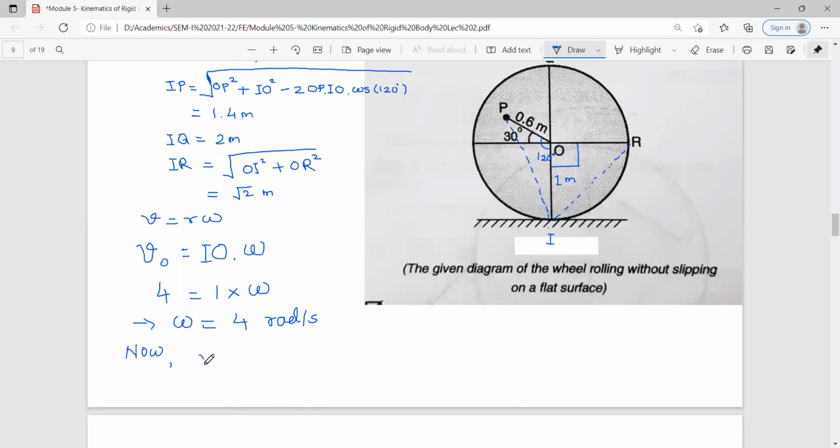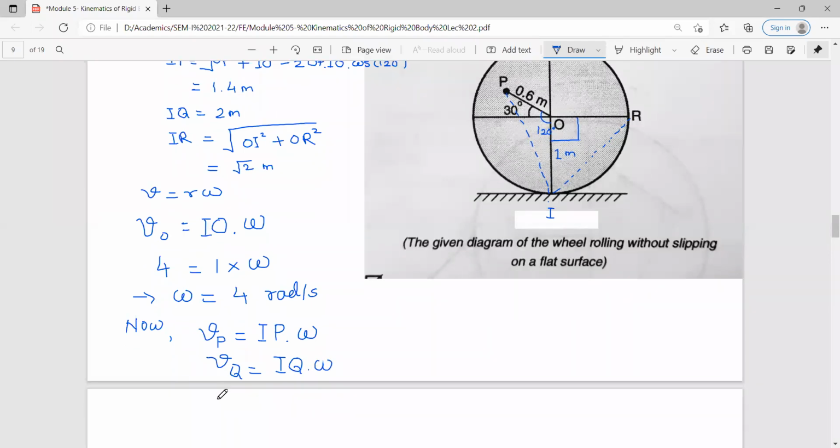Now, velocity of point P. Velocity of point P is nothing but, what is the radius of point P? IP, multiplied by angular velocity, which is here. Similarly, velocity of point Q. So what is the radius of point Q? That is IQ.